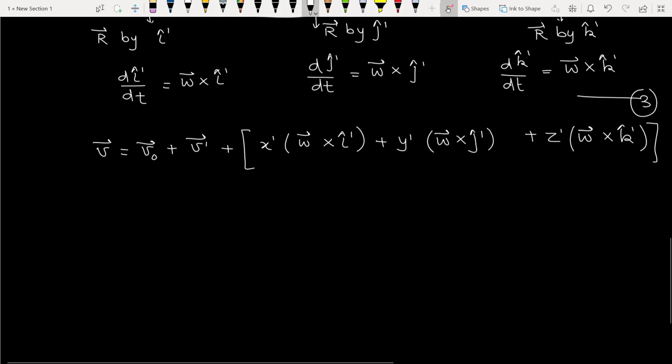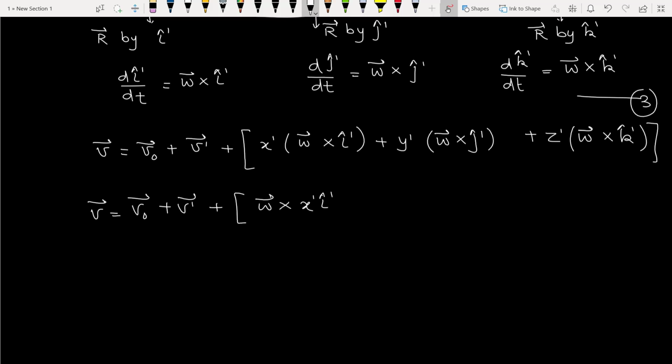So constant terms we can take inside: X dash I cap dash, omega cross Y dash J cap dash, omega cross Z dash K cap dash.